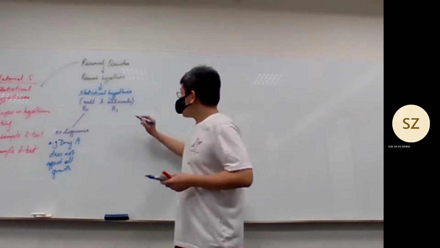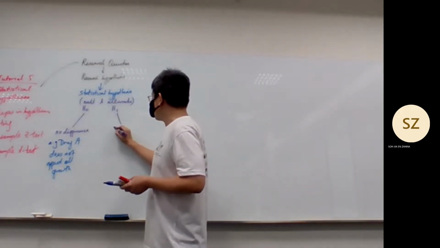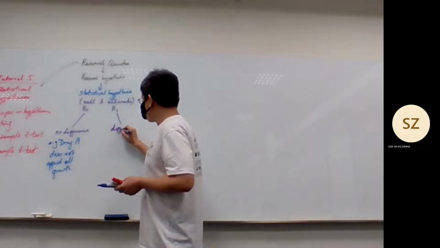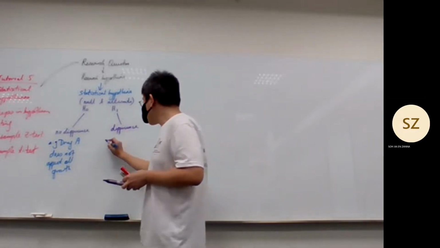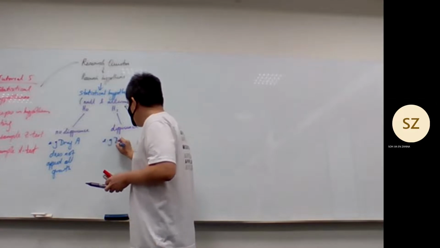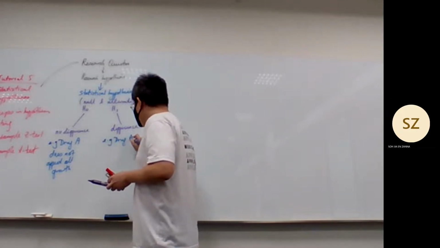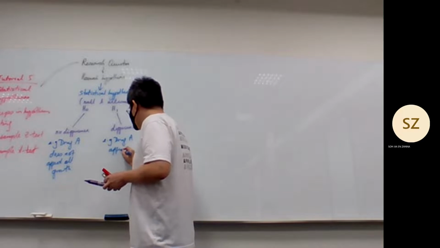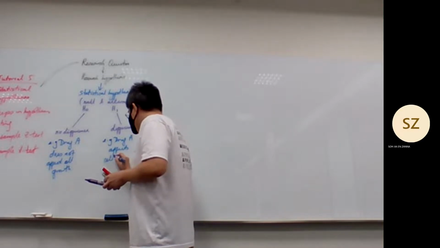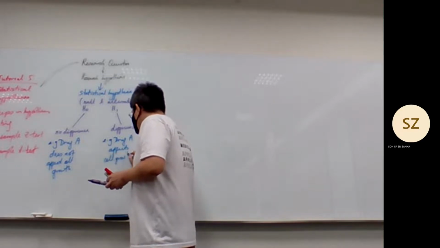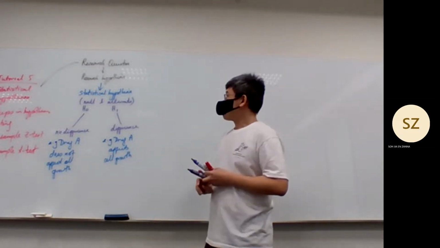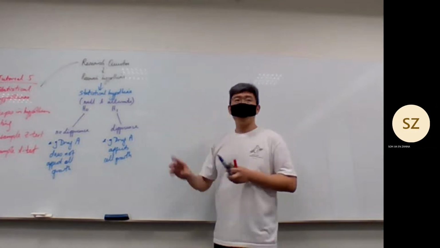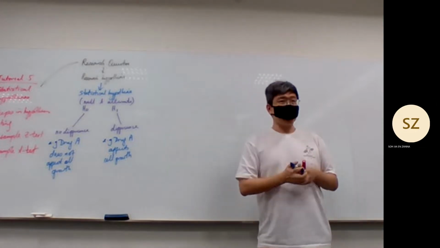So alternate hypothesis is actually generally that there is a difference. Such as, for example, the drug A affects cell growth. So you always need to have null and alternate hypothesis at the same time.